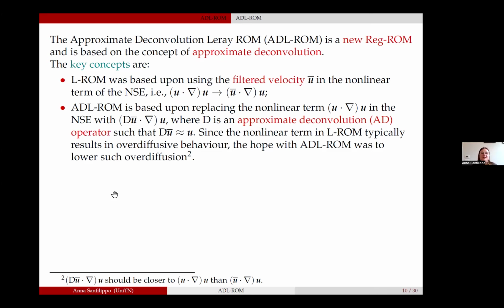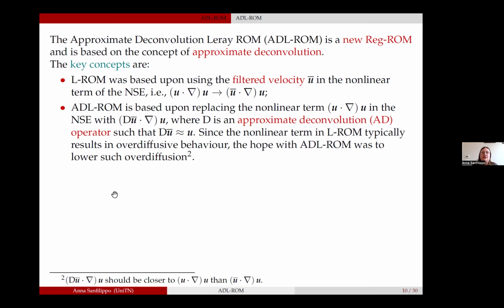The reason is that it's true that L-ROM smooths out all the spurious numerical oscillations, but it could be over-diffusive, since it can smooth out also the physical oscillations and vortices you will often find in turbulent flows of Navier-Stokes equations. So our idea was to try to come back to something that is closer to the reduced velocity, so the original velocity, but less chaotic than the reduced velocity.